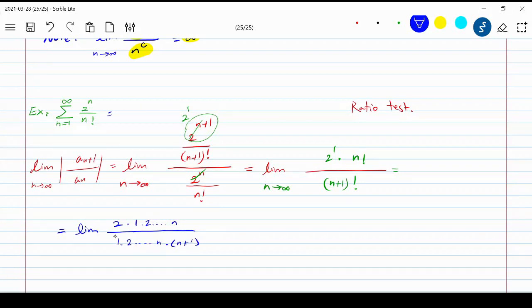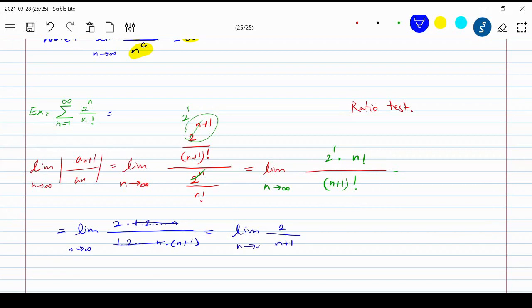It's 1 to n plus 1 as n approaches infinity. These terms can cancel out with each other. So this ratio is simply 1 over n plus 1 left in the denominator. Okay. So what is the simplified version? The simplified version is 2 divided by n plus 1.